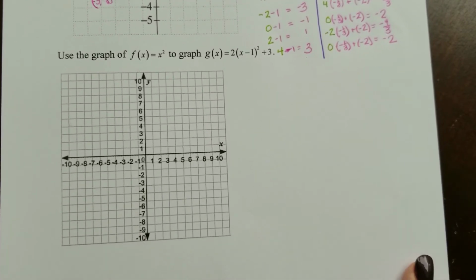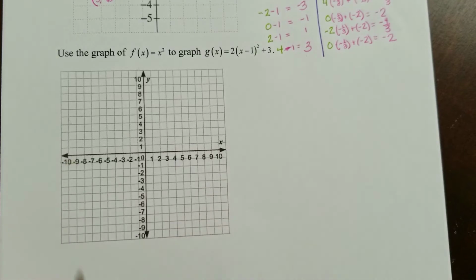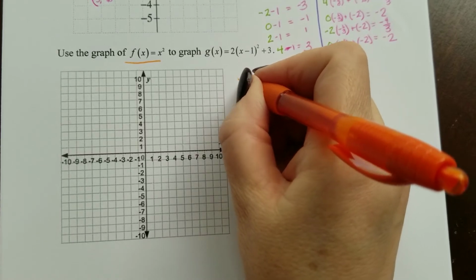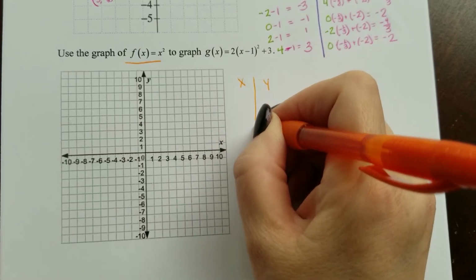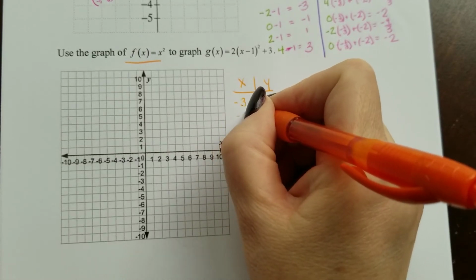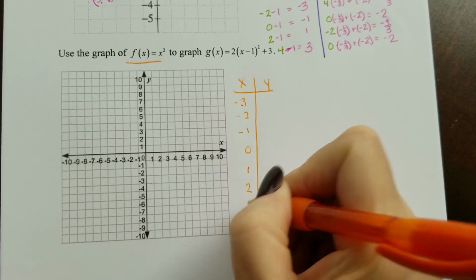Okay, there we go. This one doesn't give us a graph, so let's go ahead and put that graph on there. We've got f of x, our parent function is x squared. So x, y: -3, -2, -1, 0, 1, 2, and 3.